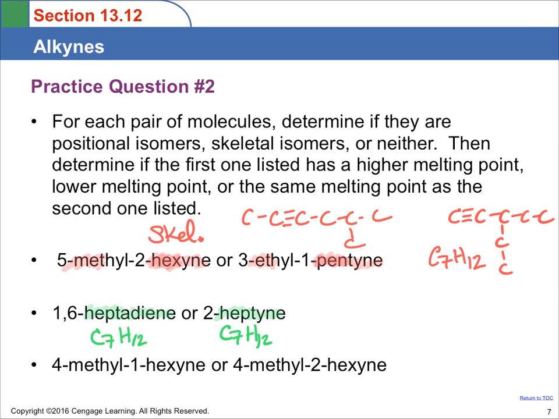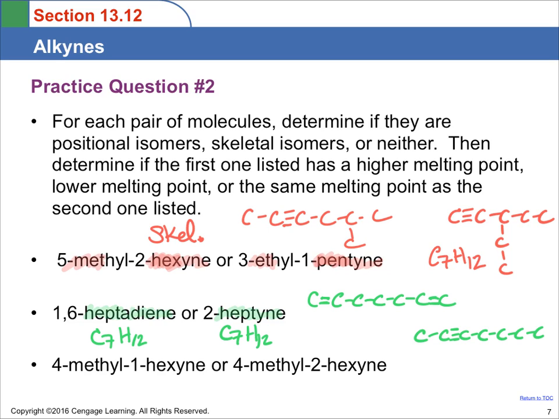The heptadiene has a double bond between carbons 1 and 2 and 6 and 7, versus heptyne, triple bond between 2 and 3.